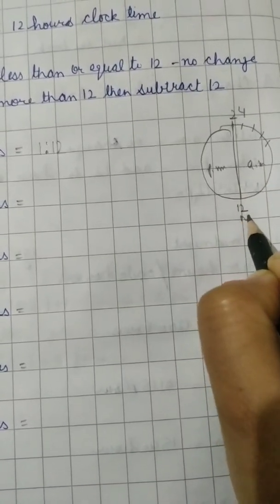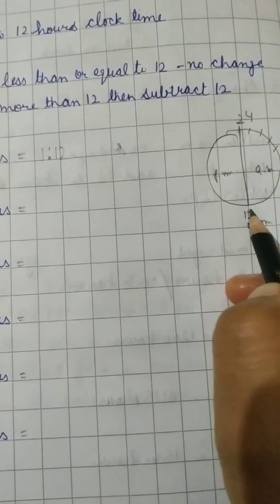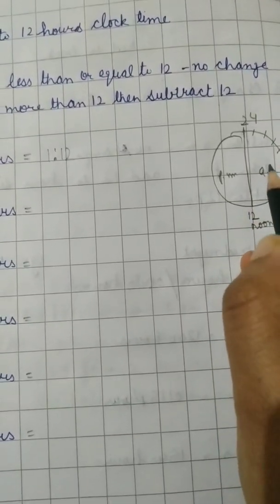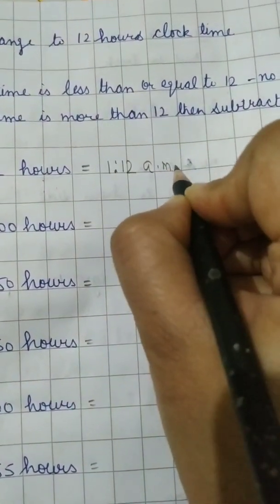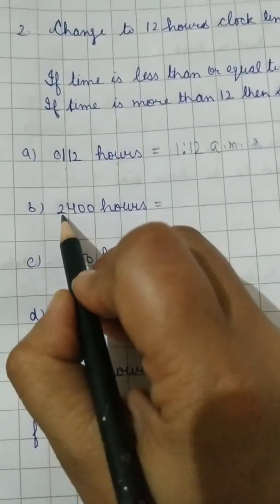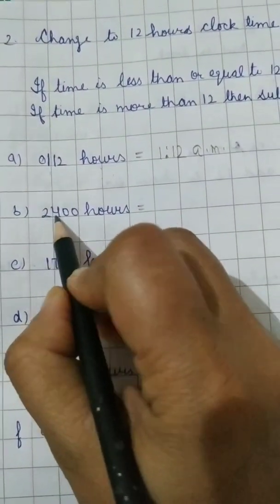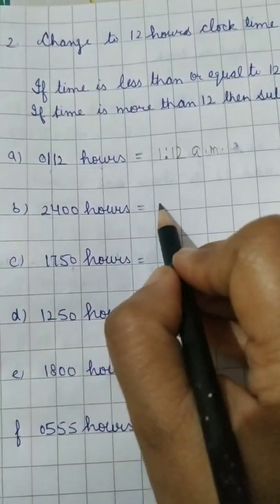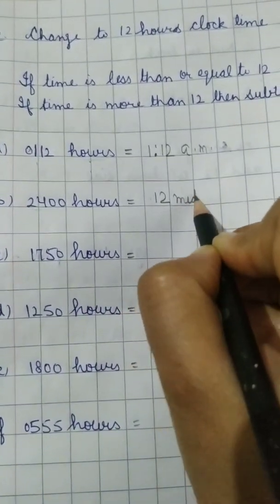It goes like this only. Means the time which is before 12 noon will be of AM place. So we'll write AM here, A dot M dot. Now it is 24 hours. I have told you already that 24:00 hours is the midnight time, 12 midnight. Directly we can write this.